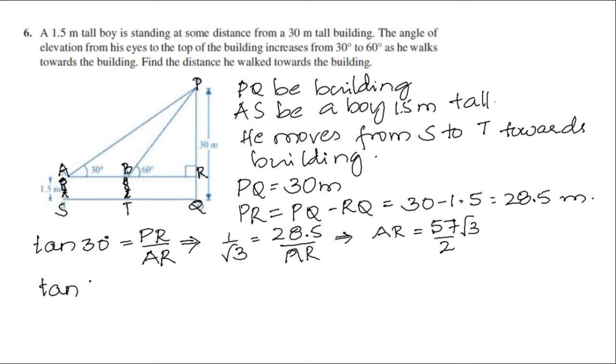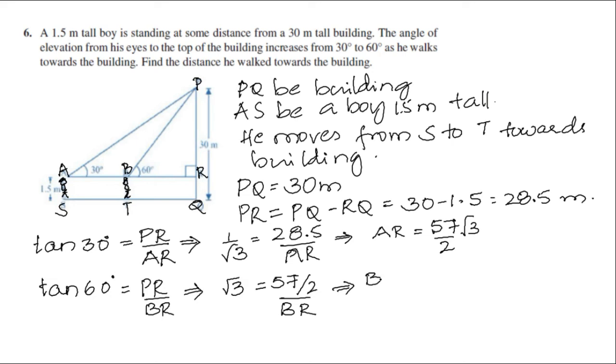Now let me consider tan of 60 degree, which will be equal to PR upon BR. This implies tan 60 degree is just root 3. This is equal to, the length of PR is again 57 by 2 divided by the length BR. Let me find the length of BR.